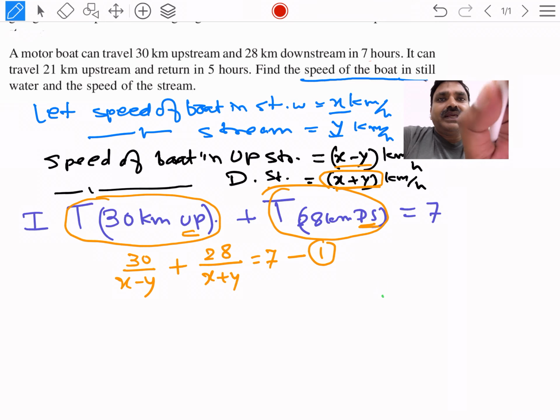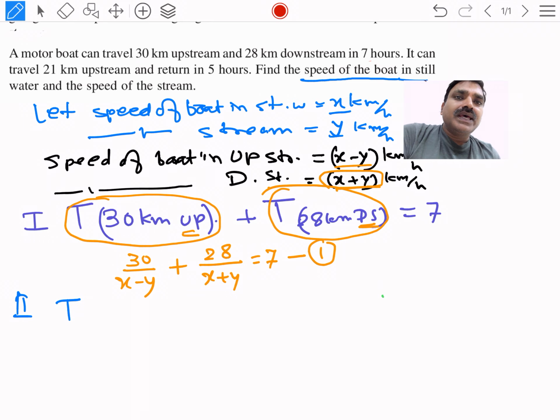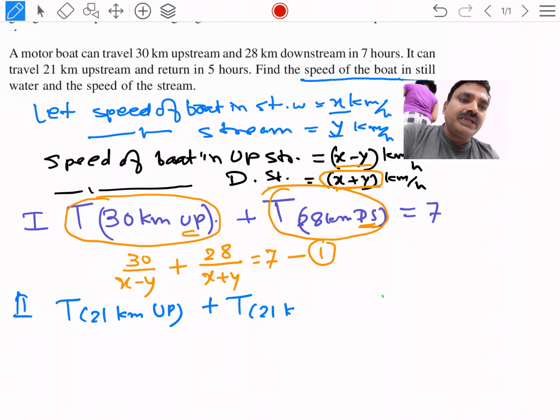And similarly, the second case is the time for 21 kilometer in upstream plus the time for 21 kilometer downstream is equal to 5 hours.